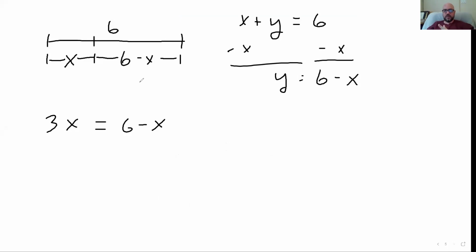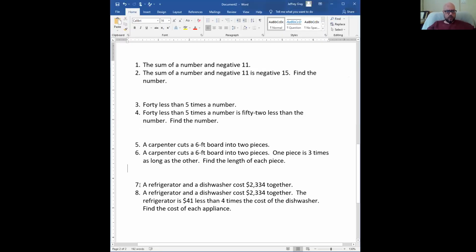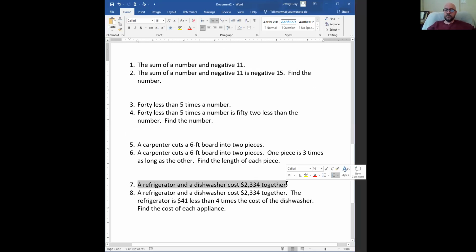All right, last problem. A refrigerator and a dishwasher cost $2,334 together. And when we say together here, that's not an obvious instruction to do an operation.